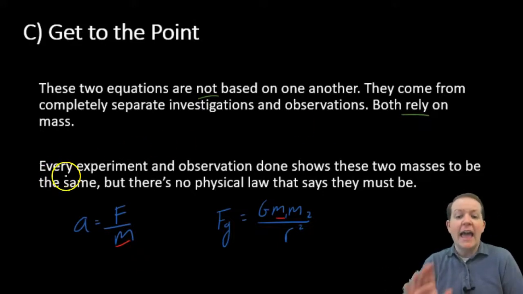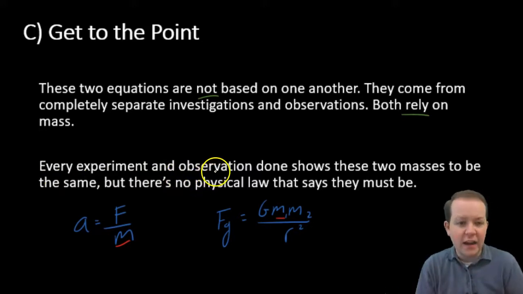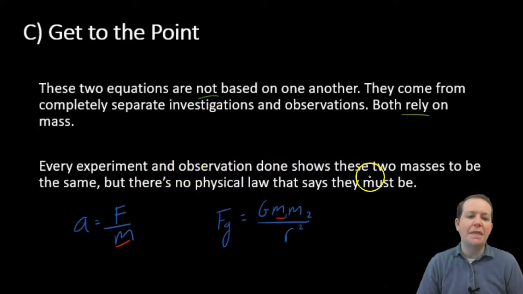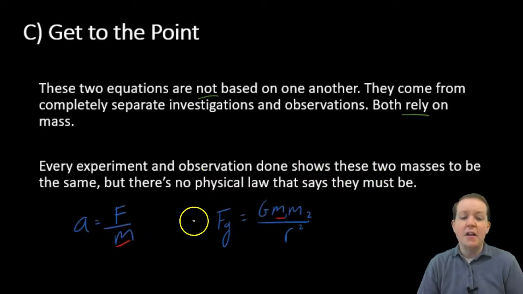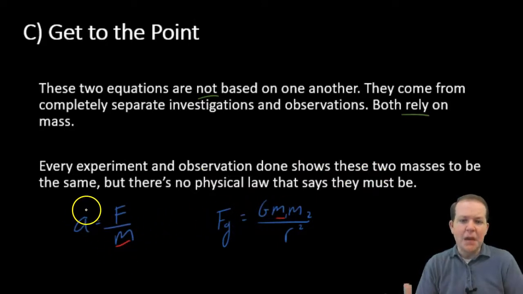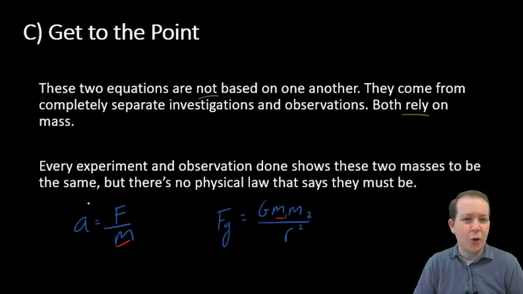And in addition, every experiment and every observation we have ever done has always shown that these two masses, the mass right here and the mass right here, are the same, okay? But here's the kicker. There's no reason why they are the same.